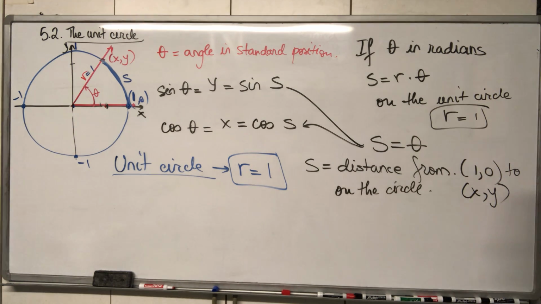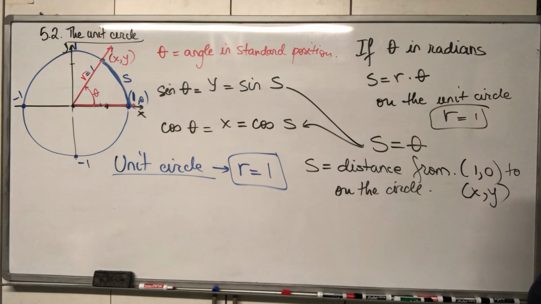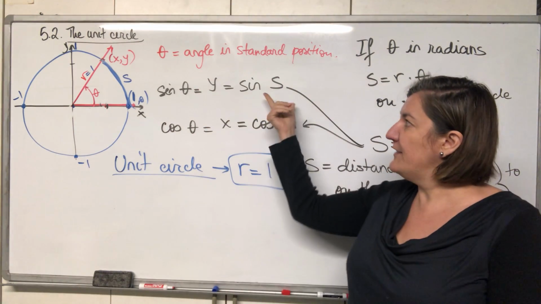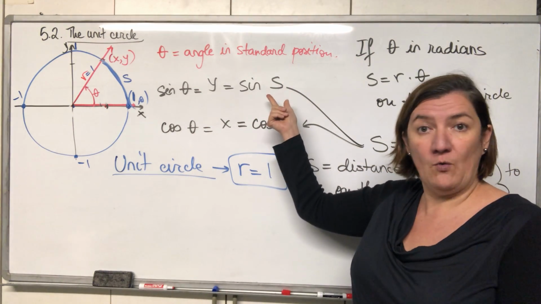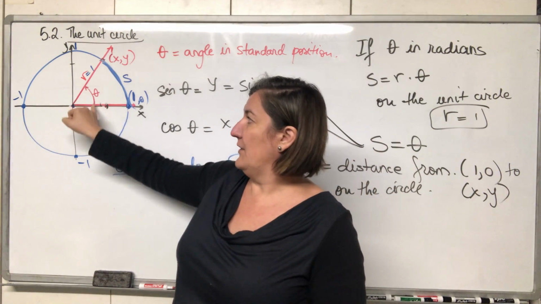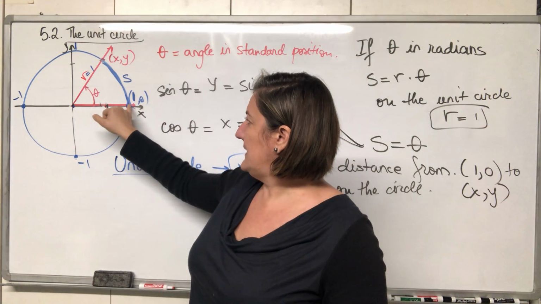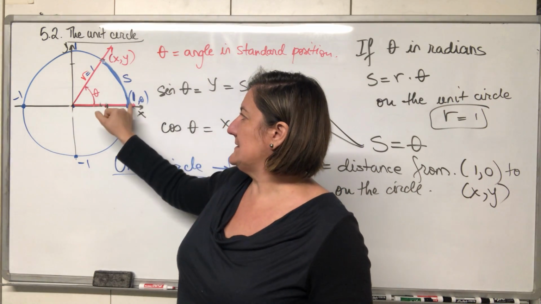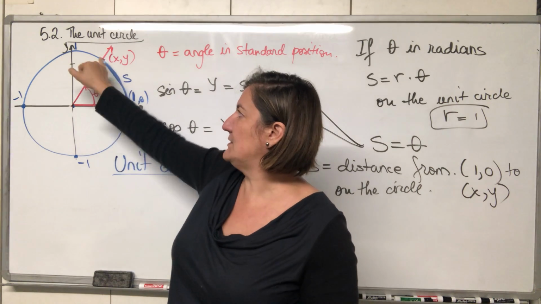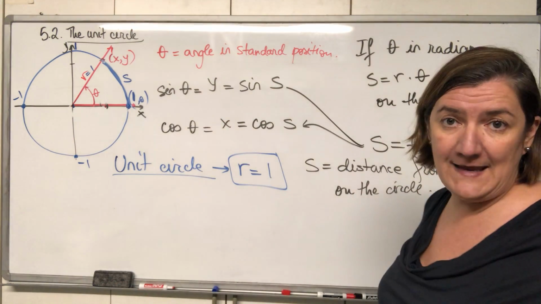And all of a sudden, our sine and cosine functions don't have to actually even be about angles. They could be about numbers or about distances. So to find the sine of this angle theta on a unit circle is the same as finding the sine value of this distance s from 1, 0 to x, y along the circle. The values are the same.